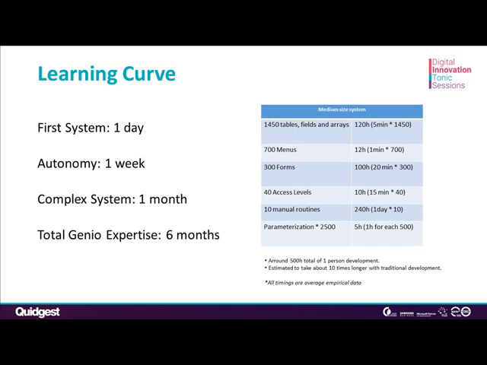You can see here, we call it medium for us, but it has 450 tables, so medium is kind of vague. Some people would call it a big system. We call it medium, because for us, 450 tables is nothing to worry about in Genio. If you're trying to manage that on a normal solution in Visual Studio or Eclipse, yeah, good luck with that.